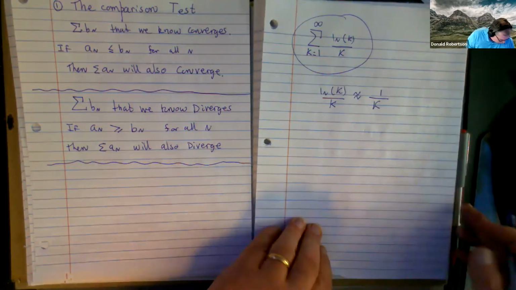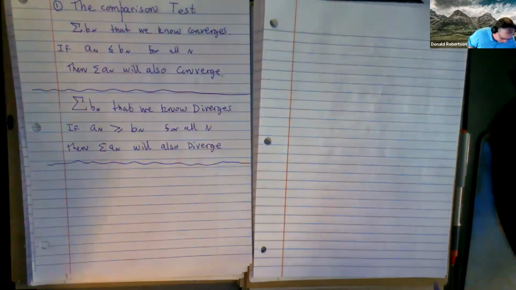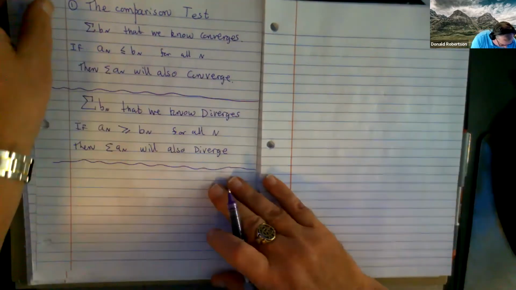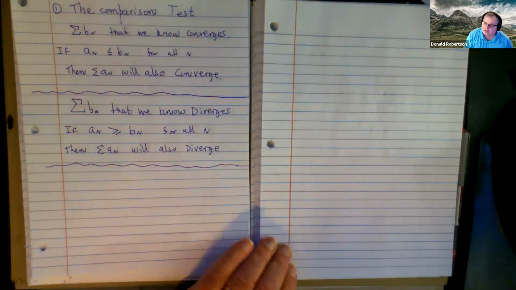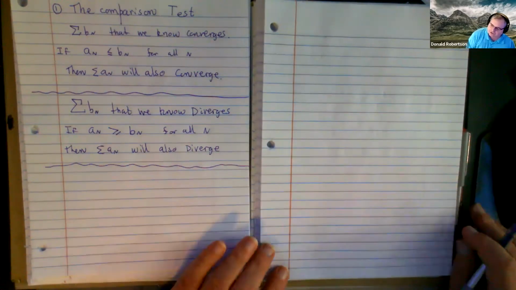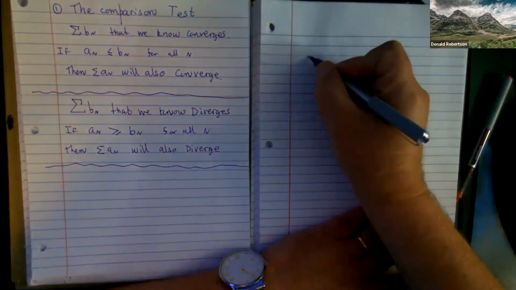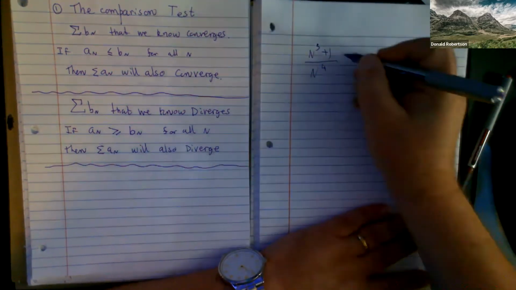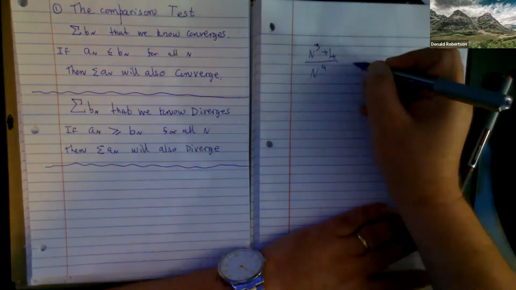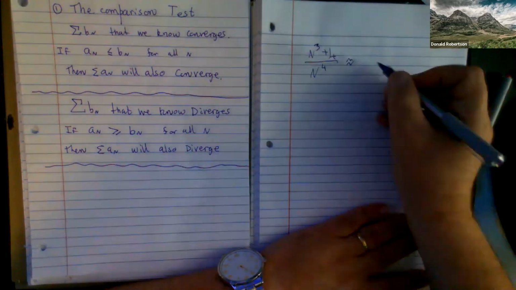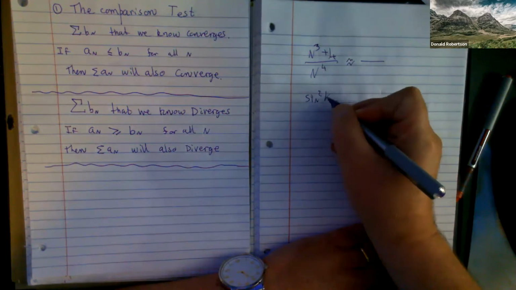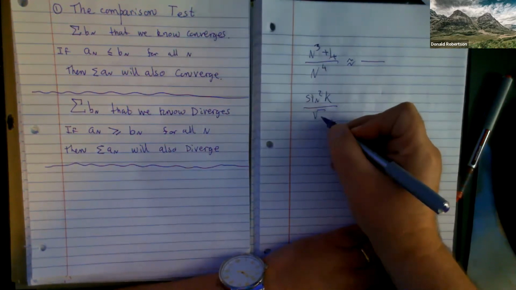Okay. What I'm going to do now then, because it seems to me that this idea of simplifying you find a bit challenging, is let's just do some simplifications and not do anything else. Just get used to simplifying. I want to simplify n cubed plus 4 over n to the 4. I want to simplify sine squared k over square root of k.